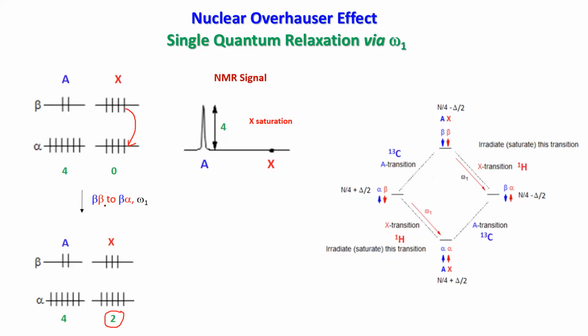I am considering only one omega route, the single quantum transition or relaxation. Got it?